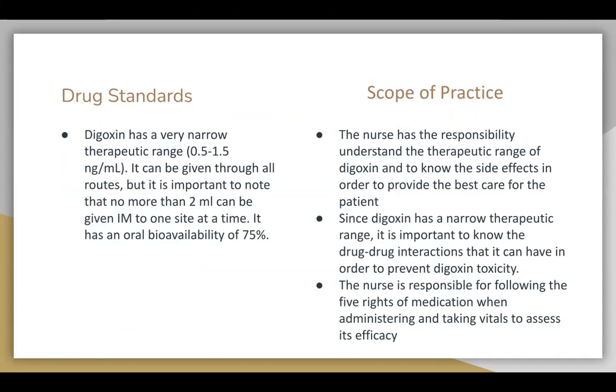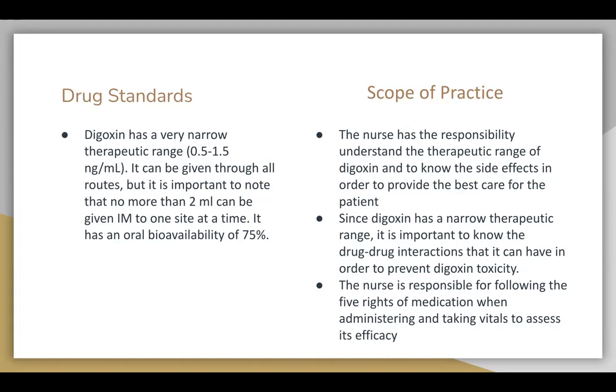As far as drug standards go, as stated earlier, digoxin has a really narrow therapeutic range. So it's important to know that when you're giving it intramuscularly, no more than 2 milliliters can be given at one time in one site. It also has an oral bioavailability of 75%, which means that 75% of the dose reaches the therapeutic site of action.